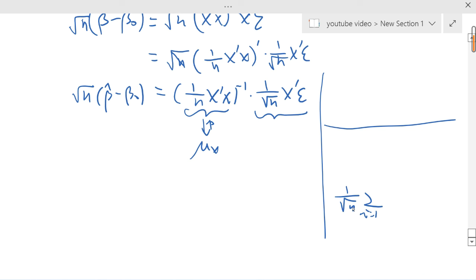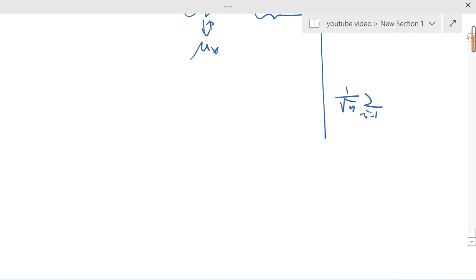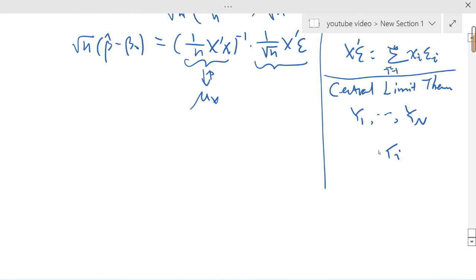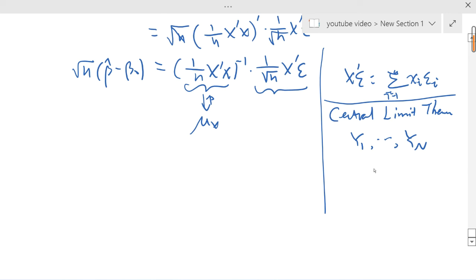If it is scaled by n, then the law of large numbers says that it converges in probability to its mean. If scaled by 1 over root n, then the central limit theorem says that it converges to a normal distribution.